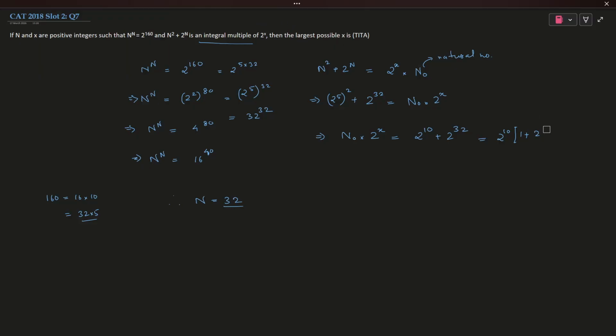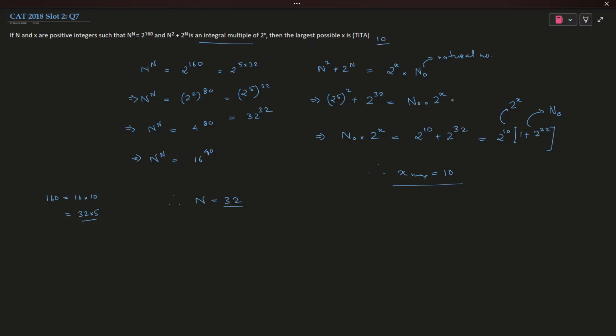So this will be 2 to the power of x. Therefore x max value is 10. Okay, this is the maximum value of x. So the correct answer will be 10.